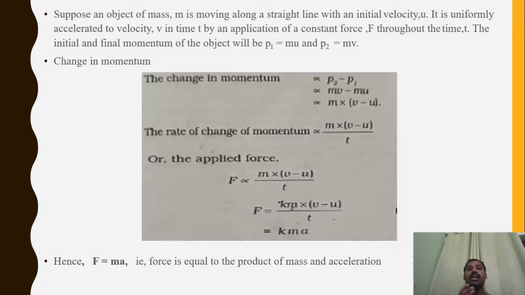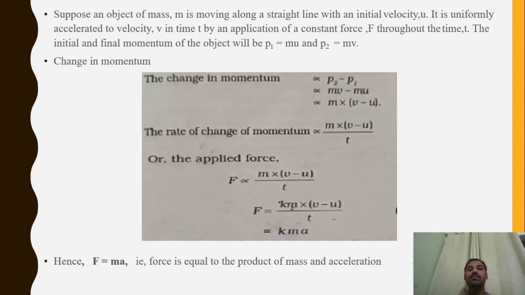Then the initial and final momentum are P1 is equal to m into u and P2 is equal to m into v respectively, where P1 and P2 are the initial and final momentum, m is the mass, u is the initial velocity, and v is the final velocity of the object.